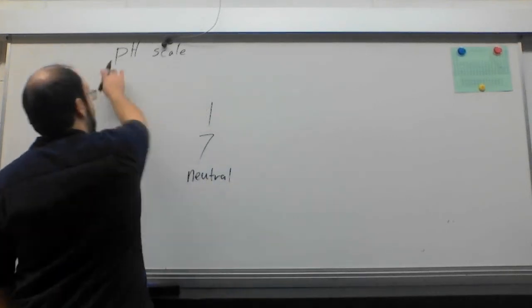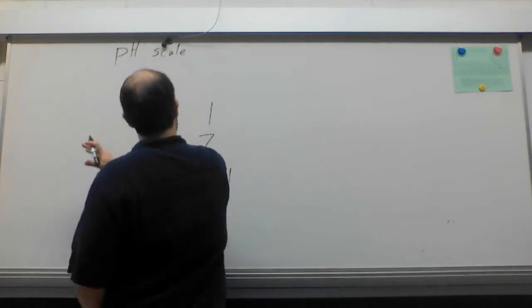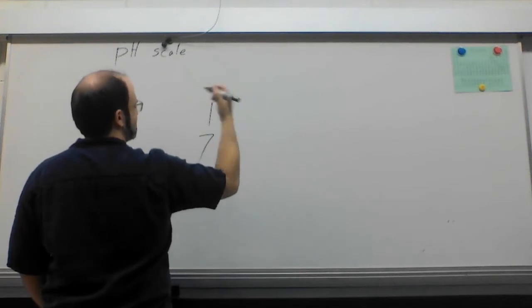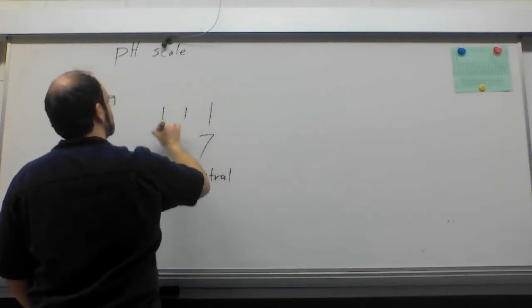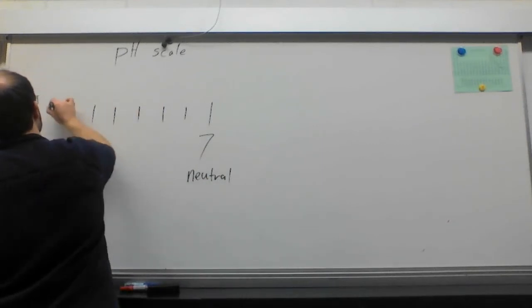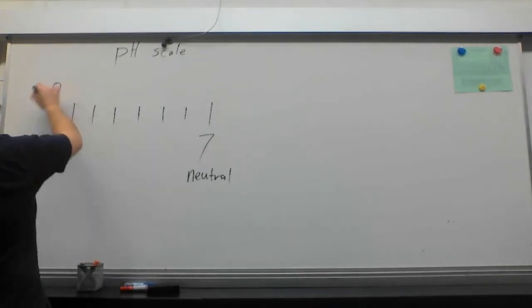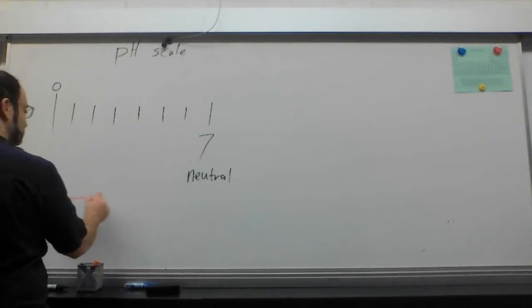Now, this power of hydrogen scale is going to extend in both directions, and each direction will be a different type of chemical. One side is acid, one side is base. 6, 5, 4, 3, 2, 1, and then 0 right at the end. And this side over here, we call this side the acids.